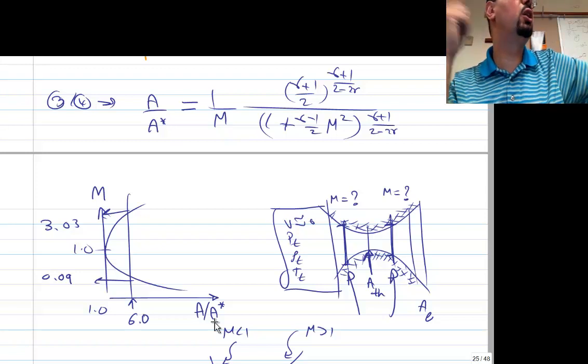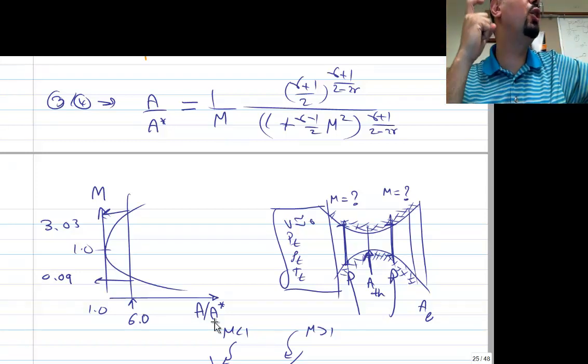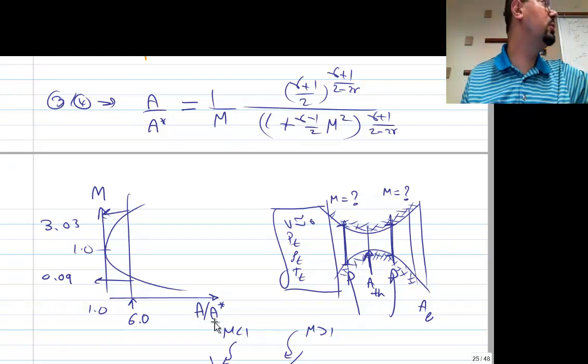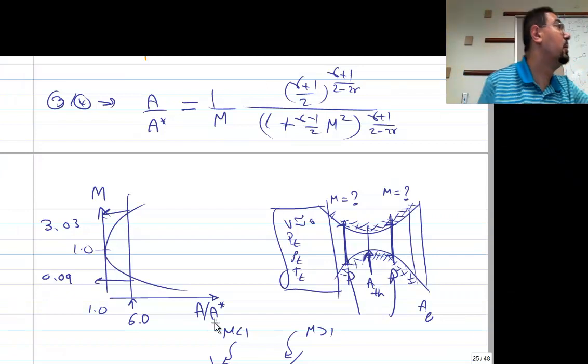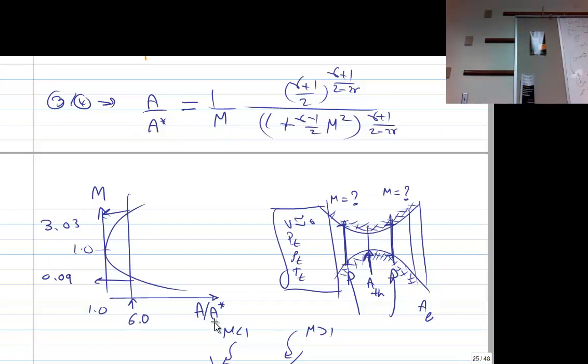One is supersonic, one is subsonic, for the same area over area star. How is that possible? Because you have the subsonic part and the supersonic part. So the same area can make you subsonic or supersonic, depending on which side of the throat you are.